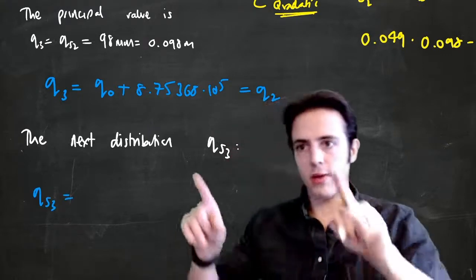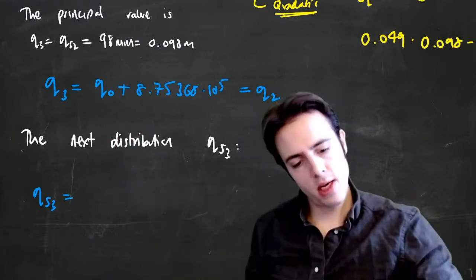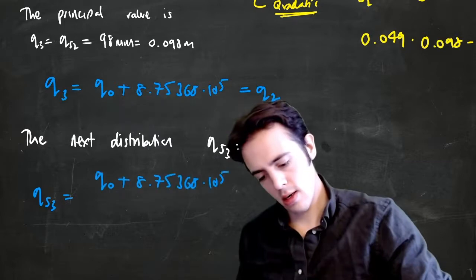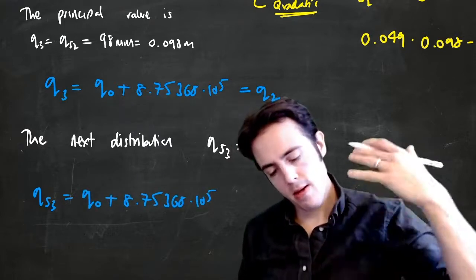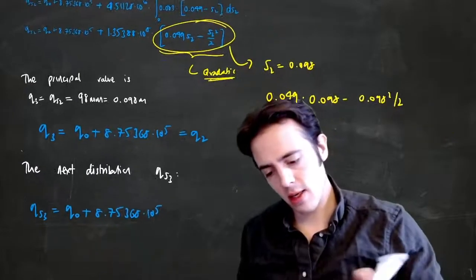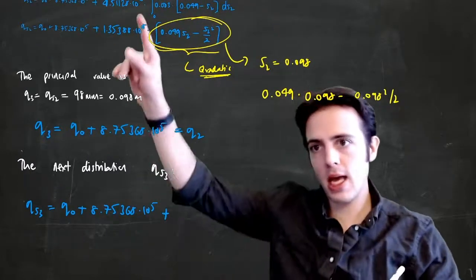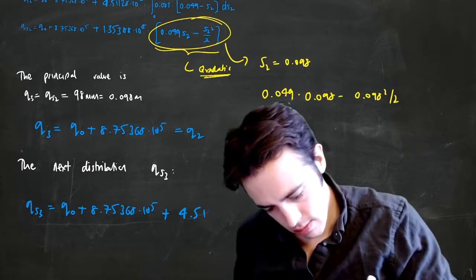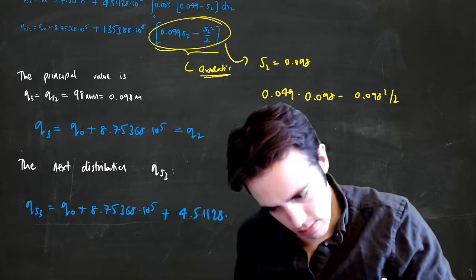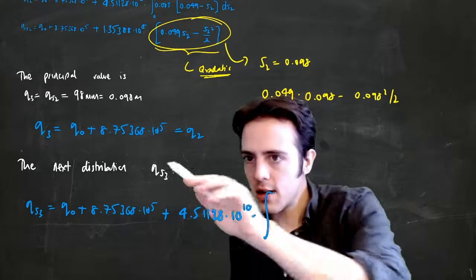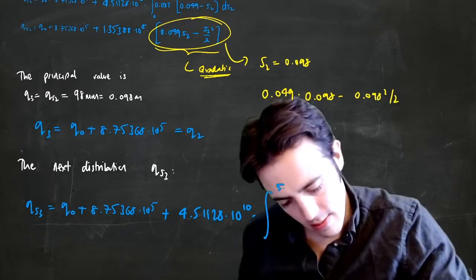QS3 is equal to the starting value, which is this bad boy, minus Vy on Ixx, and then the integral thing, but I'm just going to copy that number from above up here. And then we've got the integral of the thickness. The thickness here is 2 millimeters.